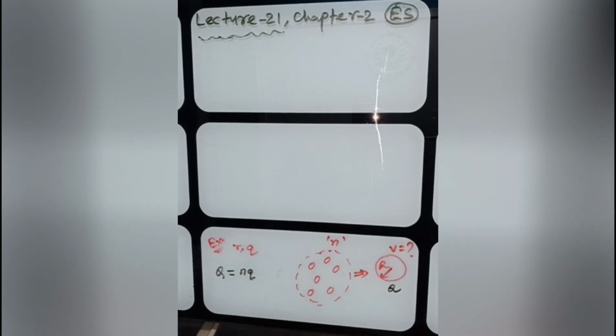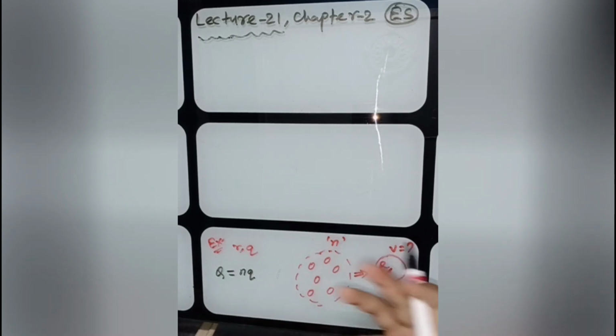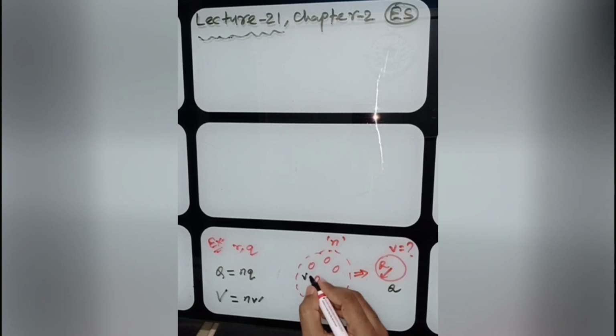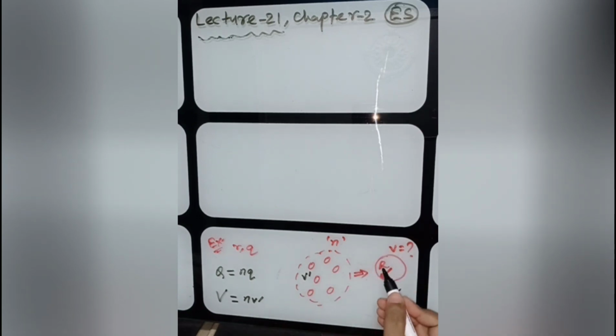Now, what about the radius actually? Suppose the volume of one droplet is small v and the number of droplets is n. The total volume will also be conserved, the volume will not change, so the volume of this bigger drop, that is the capital V, will equal n times the volume of one droplet, suppose v dash. What will you get from here? You will get the radius of the bigger drop. How?